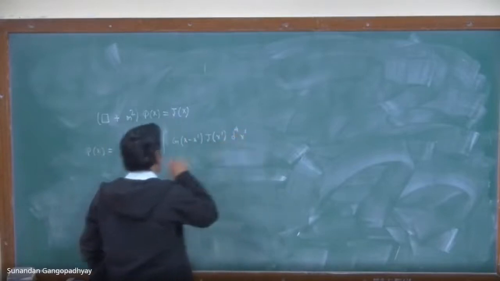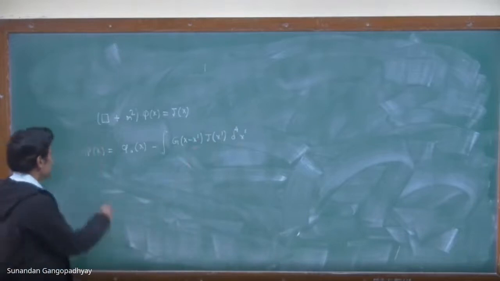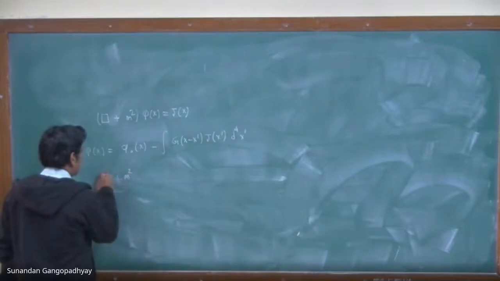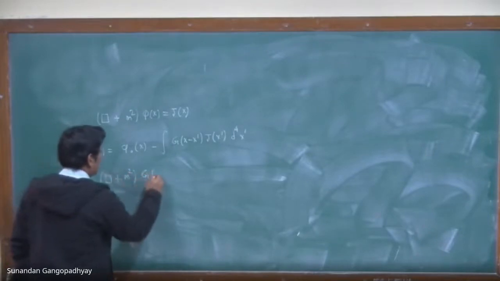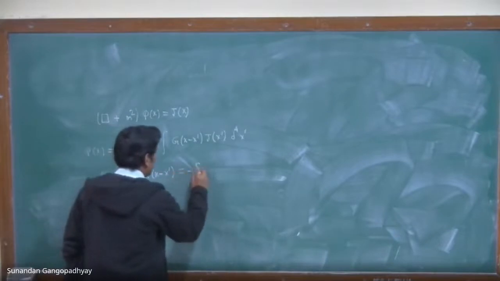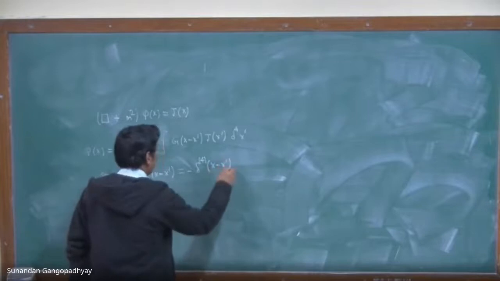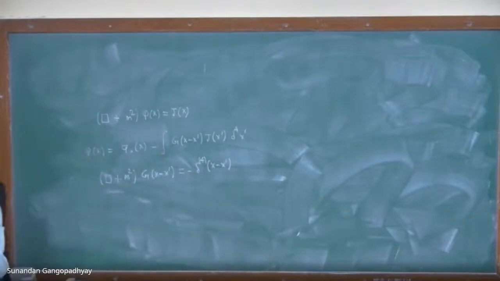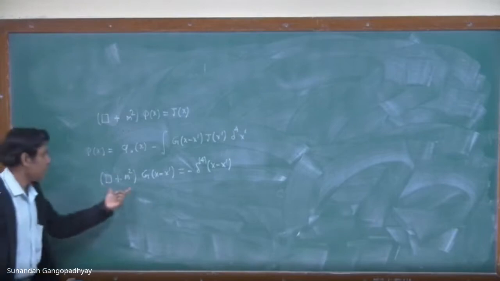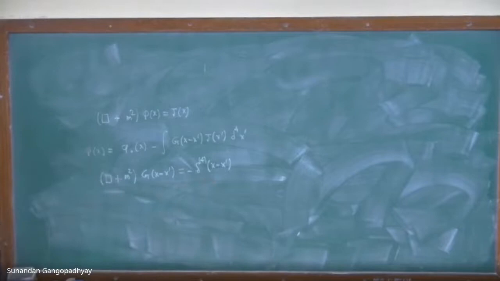So it is basically given in terms of this function, which is called the Green's function, and the Green's function is given by the following equation. A function which satisfies an equation of this form is said to be the Green's function for this operator. But this is the Klein-Gordon operator. The function which satisfies this equation is said to be the Green's function for the Klein-Gordon operator.